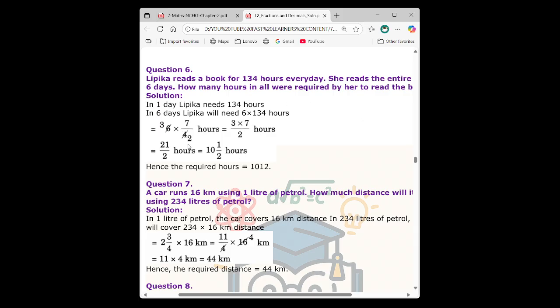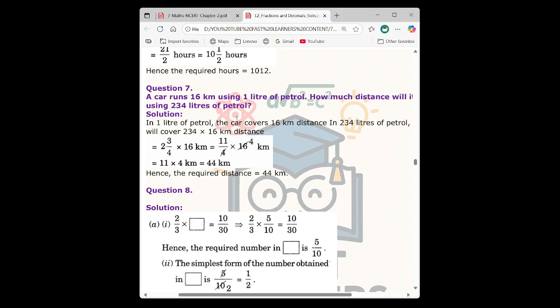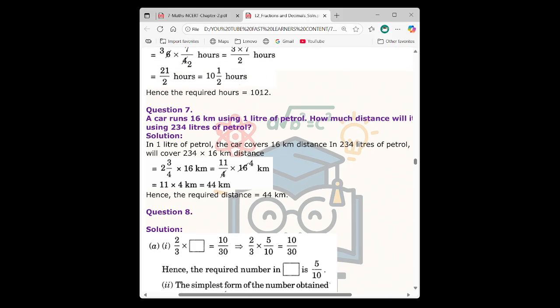So actually it is 7 upon 4. So 6 multiplied by 7 upon 4, we get the answer 21 upon 2, that is 10 and a half hours. Okay, 10 and a half hours. This is not 1012, this is 10 and 1 half.